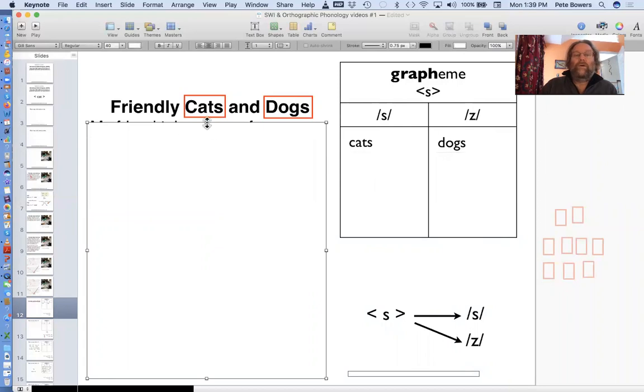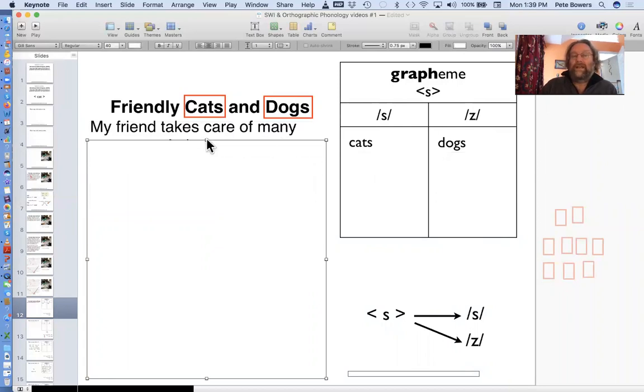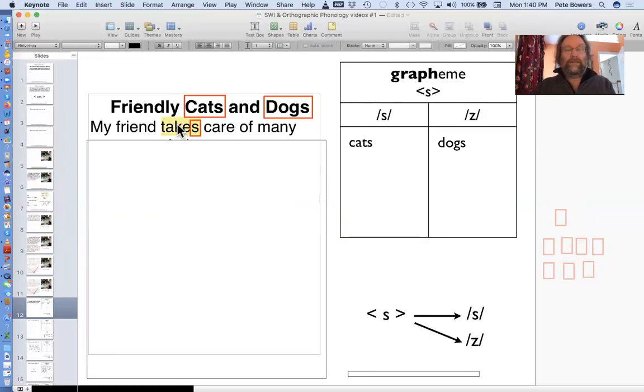And then we could go through this text and look for words that have an S and see what they do. So here's the word take. I get takes. So takes, I feel that S at the end. So that's going to be a word that goes in here. So I'll take my takes and maybe put it in here.